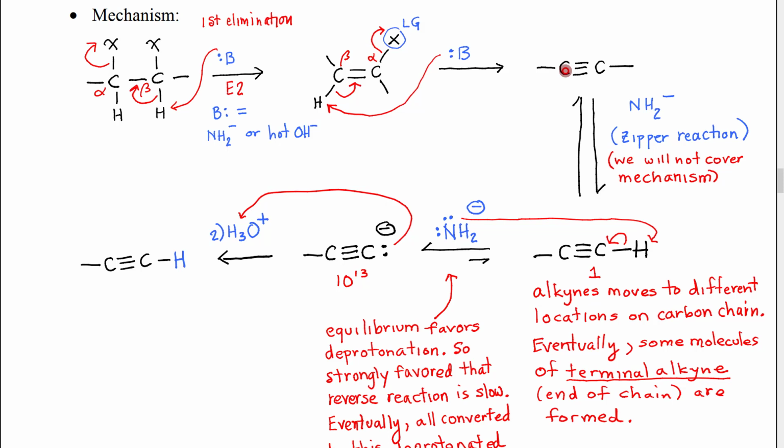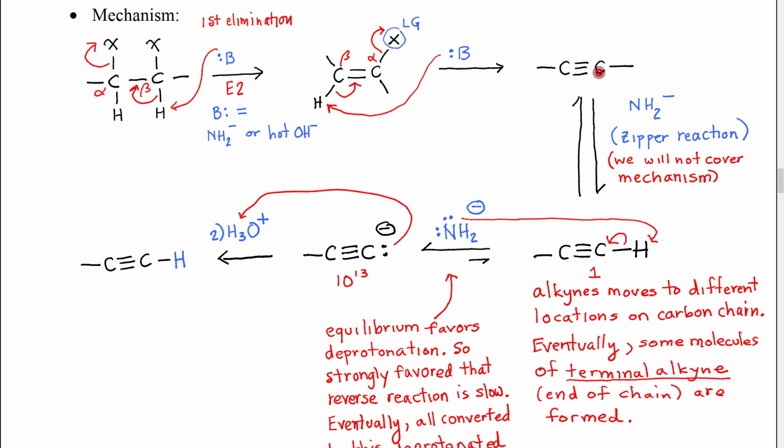However, under the base conditions, we get something occurring called a zipper reaction. I've put NH2-, but hot potassium hydroxide also will do this. We're not going to cover the exact mechanism of this, but what you need to understand is that if the alkyne is part of a longer chain, the zipper causes, through several steps, the alkyne to move, changing positions on the chain.